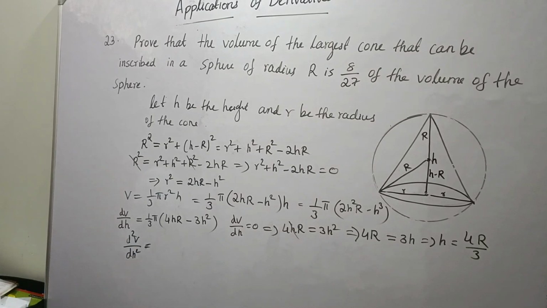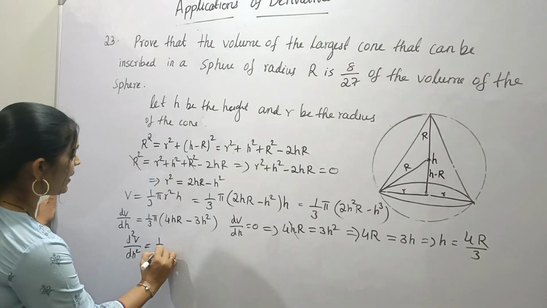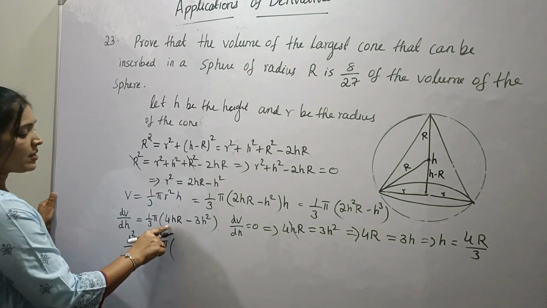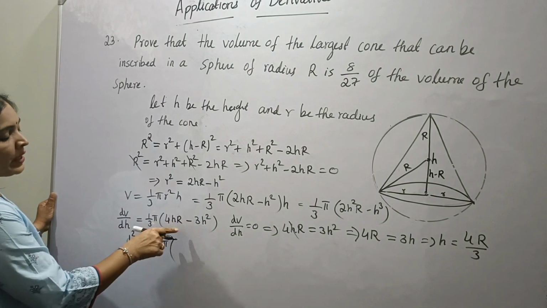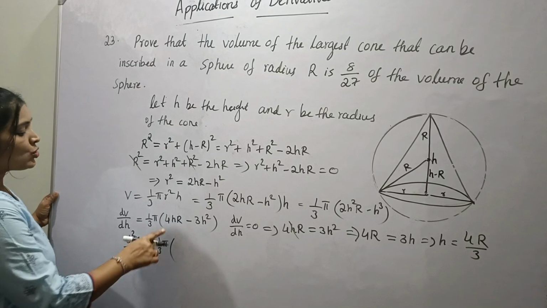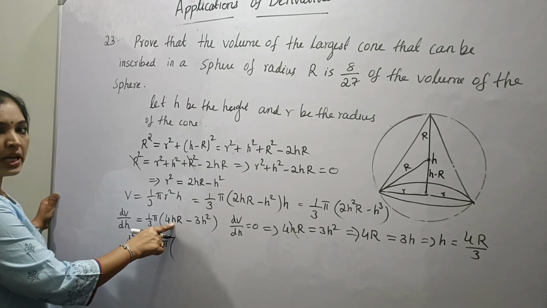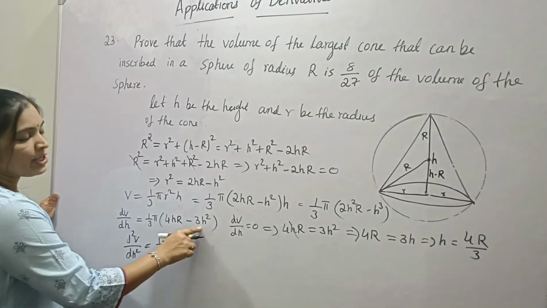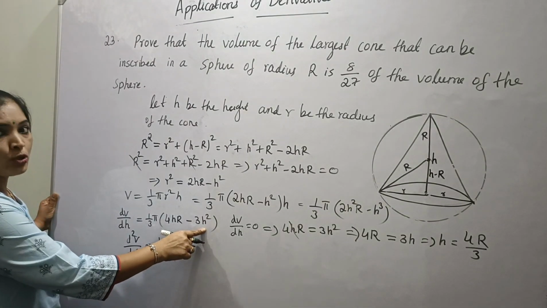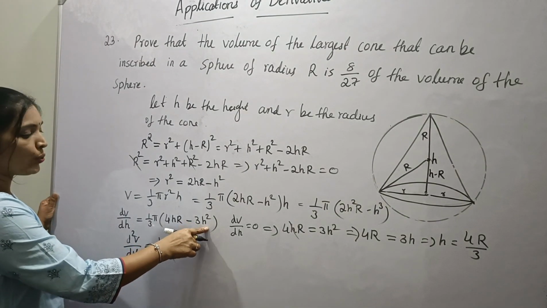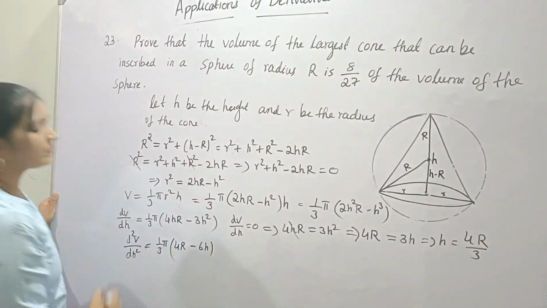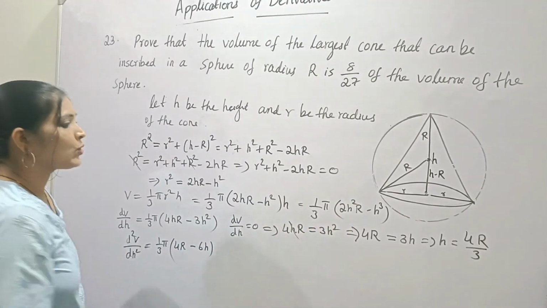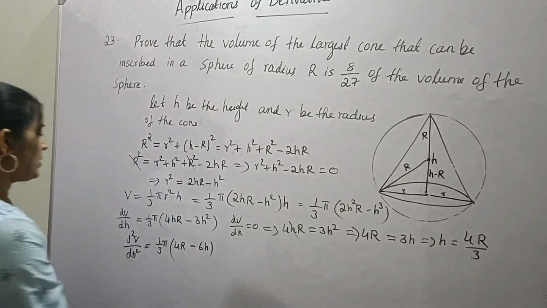So that is 1 by 3 pi into, here from dv by dh, the derivative of 4hr is 4r, since r is constant and the derivative of h with respect to h is 1, so 4r, minus the derivative of 3h square with respect to h, which is 3 into 2h, that is 6h. Now let's substitute h is equal to 4r by 3.